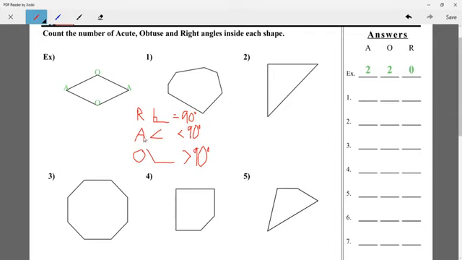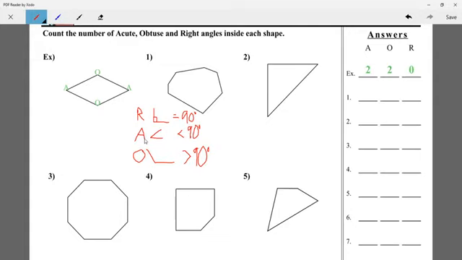Now, one way to remember that acute is less than 90 degrees and obtuse is greater than 90 degrees is, for acute, you can think of a cute little angle, right?